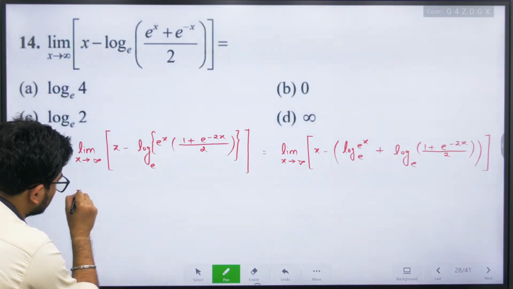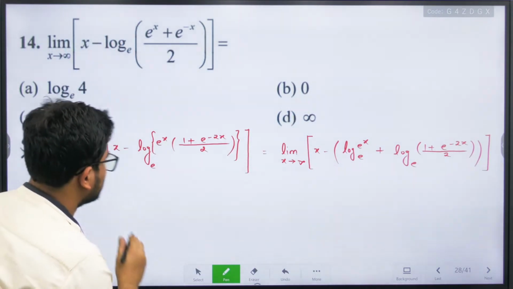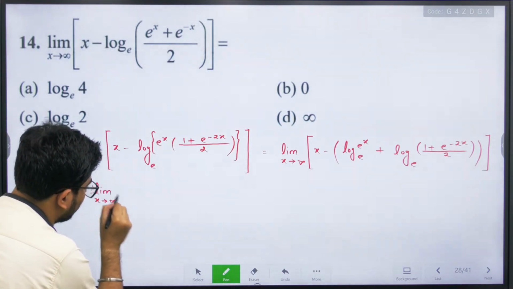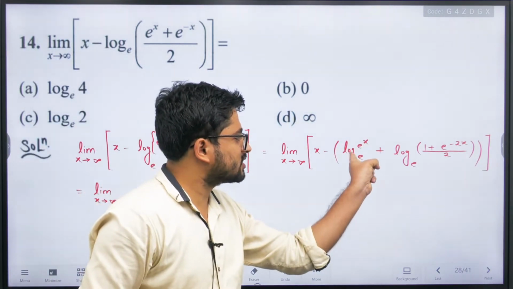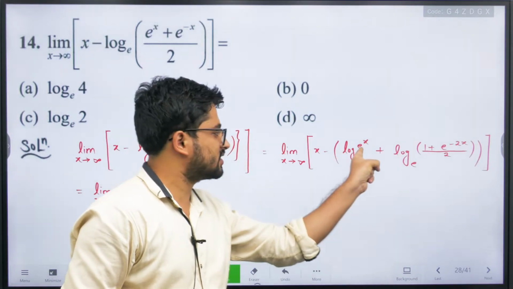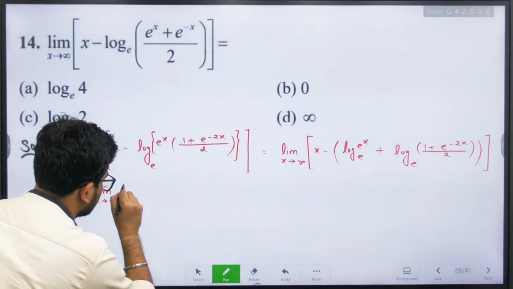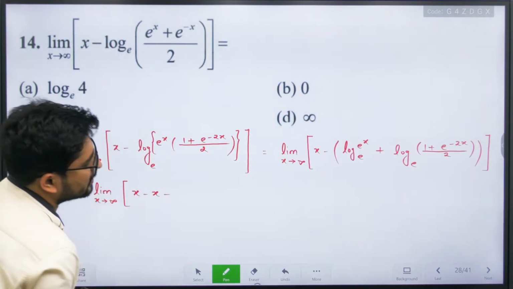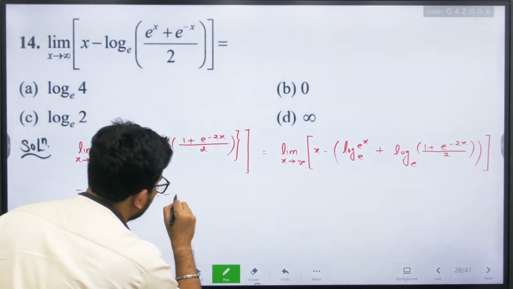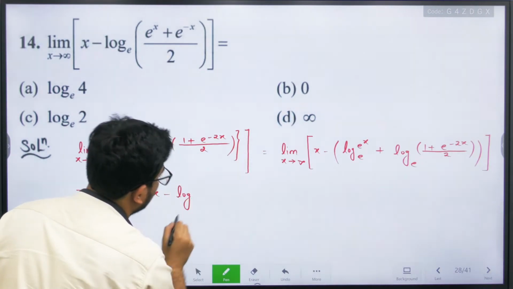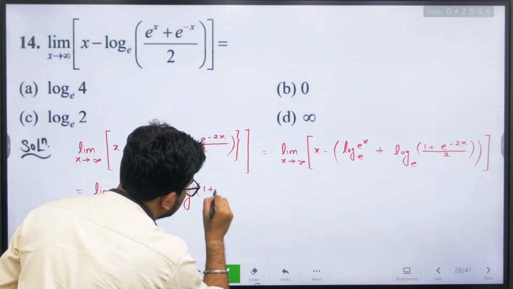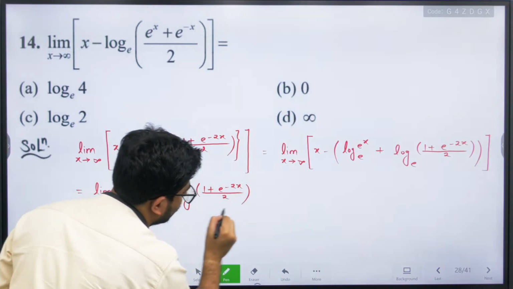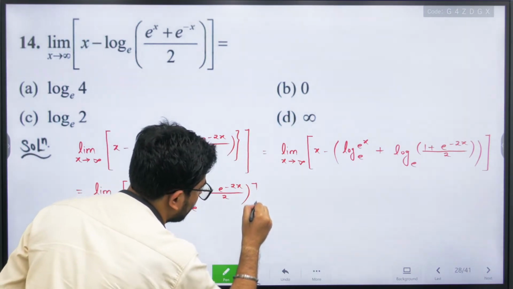Now this limit is the limit as x extends to infinity of, log of e power x to the base e, that is x. Yes, this thing is x. So we have x minus log of (1 plus e power minus 2x) whole divided by 2 to the base e.